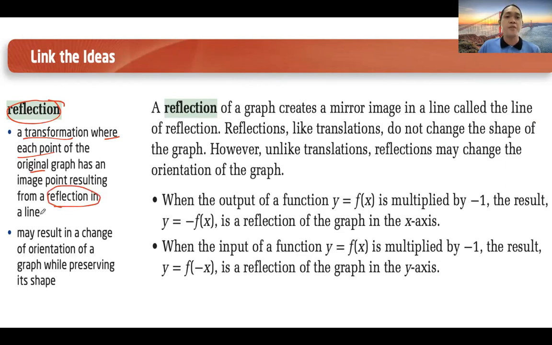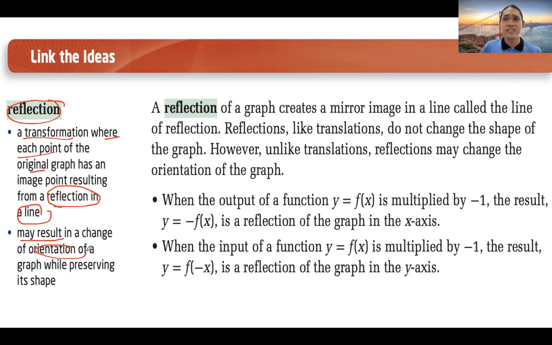So there is a reflection in a line when transforming a function using a reflection. Another thing I want you to consider is that reflection may result in a change of orientation.